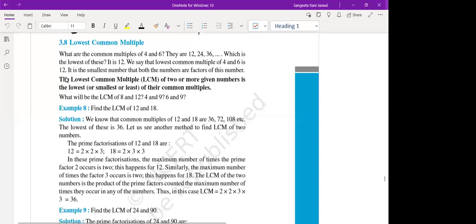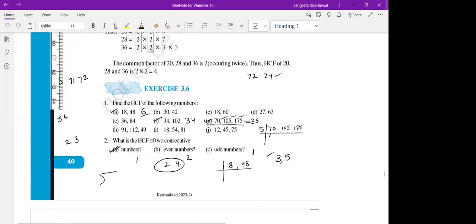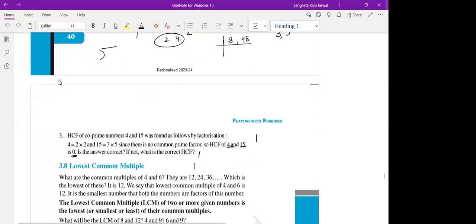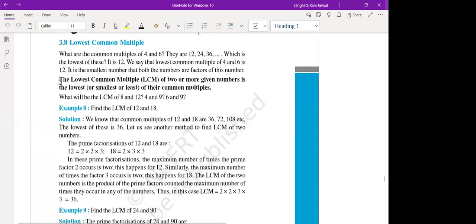Okay, let's see, children. This is the LCM now. Yesterday we had done exercise 3.6, and the next topic is lowest common multiple, that is the LCM. How do you find the LCM?